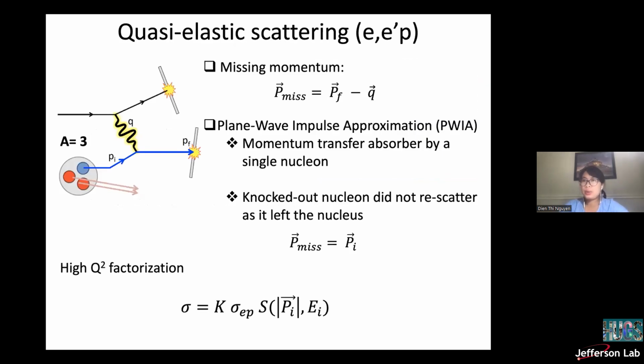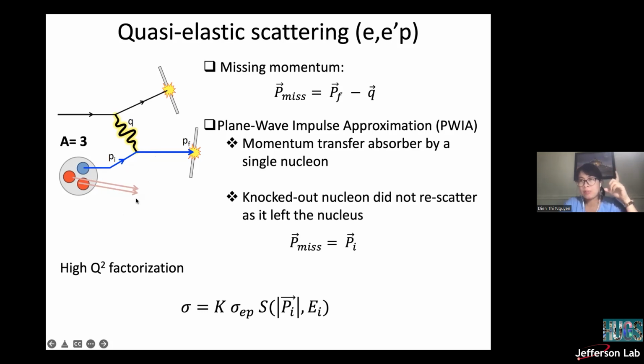Another thing I would like to remind you is that we are using quasi-elastic scattering, as we discussed a lot yesterday, and we are using the plane wave impulse approximation, PWIA. In this approximation, you remember that we assume the virtual photon only interacts with a single nucleon inside the nucleus. When it gets knocked out, it has no rescattering with the residual system.